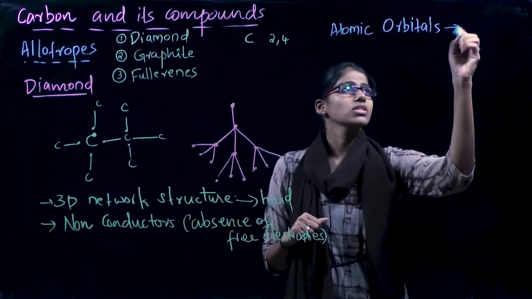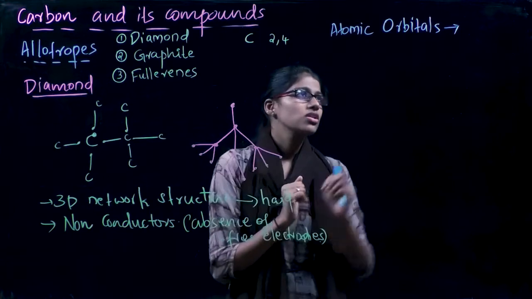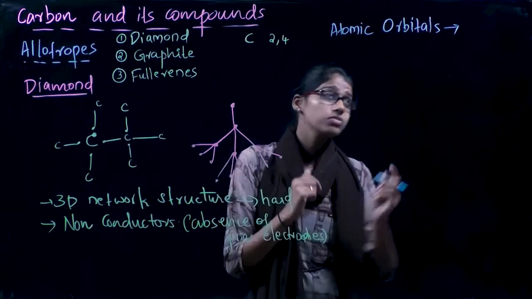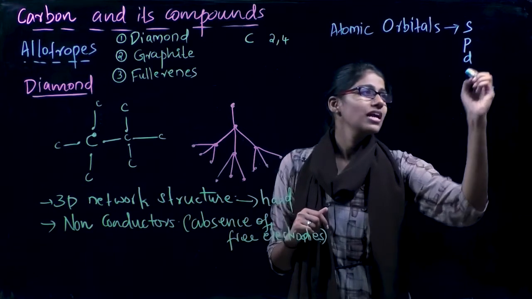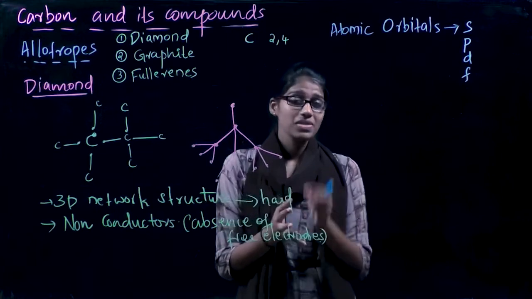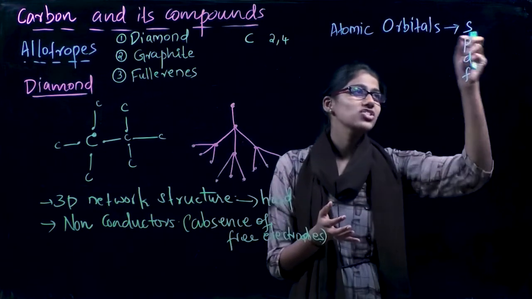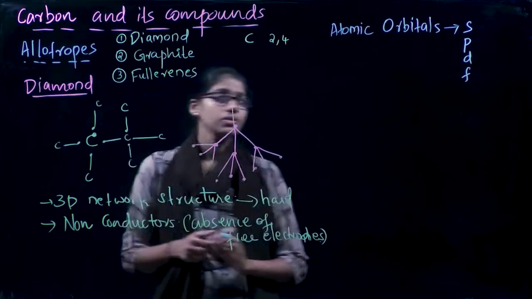So now the electrons are present in the atomic orbitals, and they can be considered as the rooms. So these atomic orbitals are of 4 types. You have s orbital, p orbital, d and f orbital. So when you consider any electron in an atom, that electron can be present in s, p, d or f orbitals.